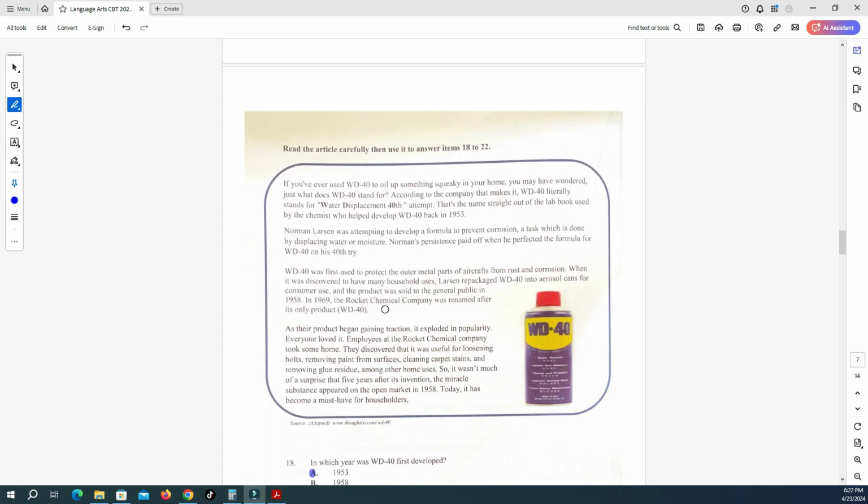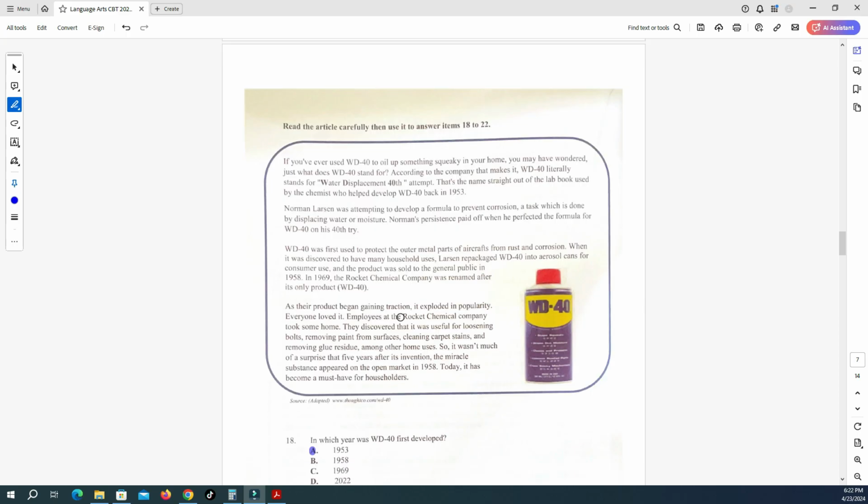In 1969, the Rocket Chemical Company was renamed after its only product, WD-40. As their product began gaining traction, it exploded into popularity. Everyone loved it. Employees at Rocket Chemical Company took some home.